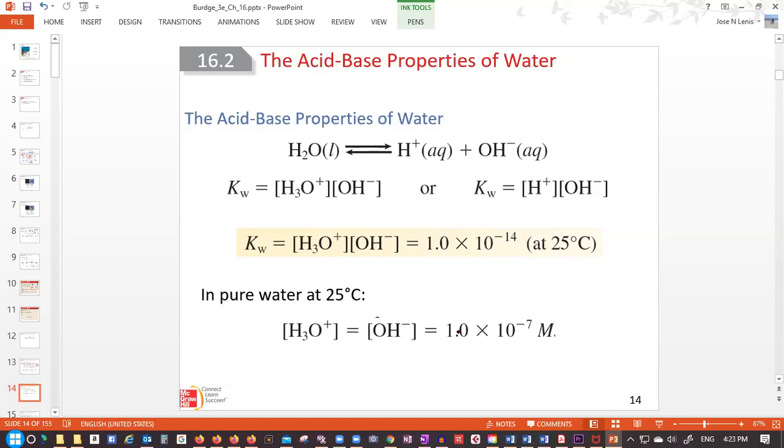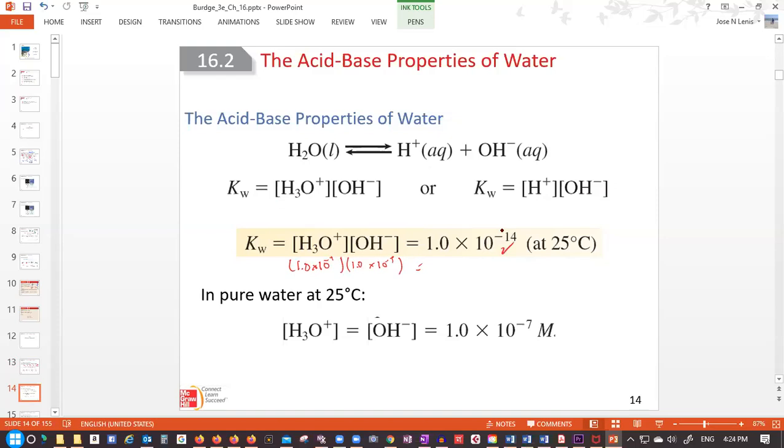All right, because when we plug this number in here, 1.0 times 10 to the negative 7 molar times 1.0 times 10 to the negative 7 equals 1.0 times 10 to the negative 14 at 25 degrees Celsius.